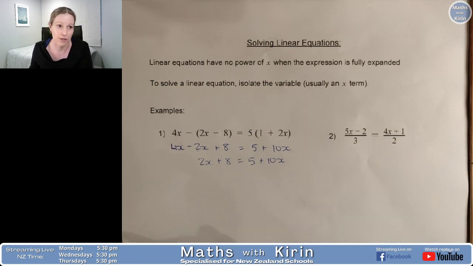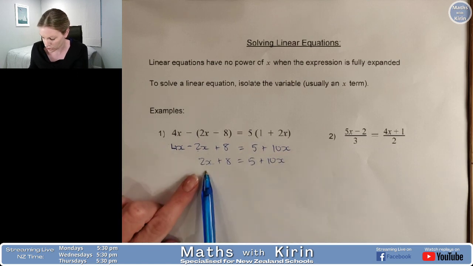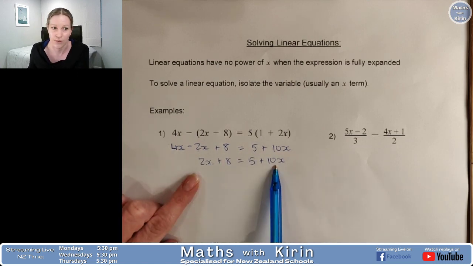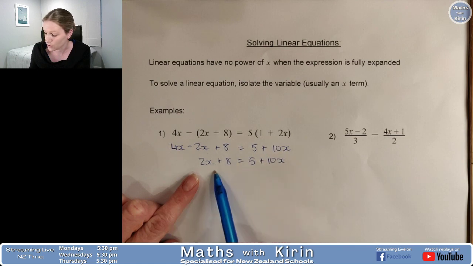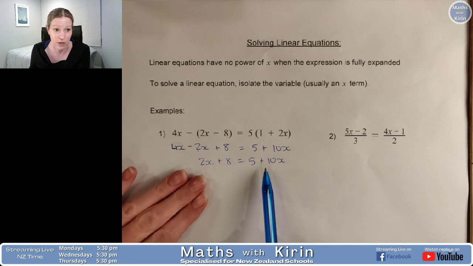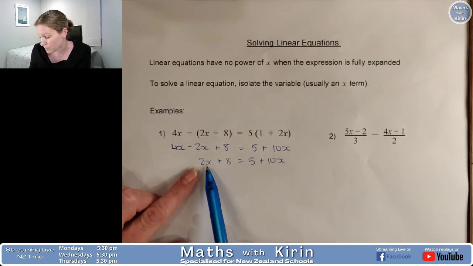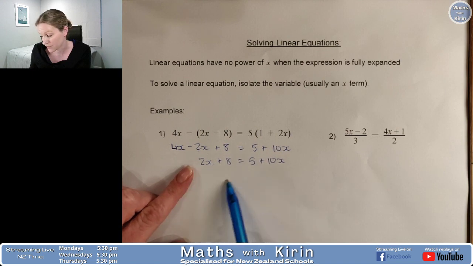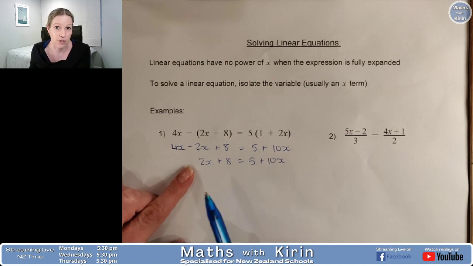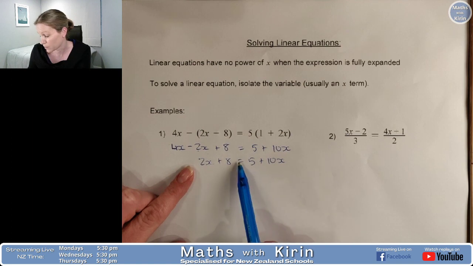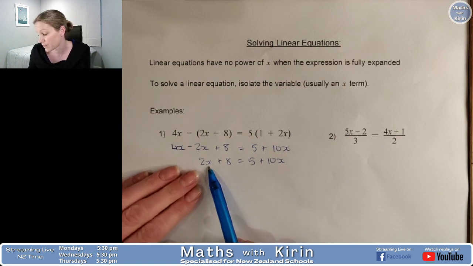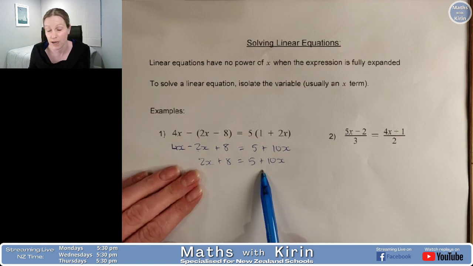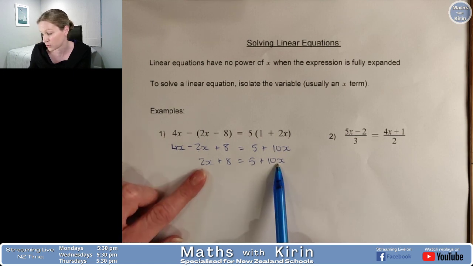There are two common ways that people do this. Some people like to always move the x terms to the left-hand side, and some people like to manipulate it so that they have a positive x term. In this case, because we've got a 2x on the left and a 10x on the right, if we moved our 10x across, we would need to subtract it from both sides, which would mean we get a negative 8x on the left-hand side. If you wanted a positive x, because you feel more comfortable with that, then some people would move the 2x to the right-hand side, so you'd have 10x minus 2x.